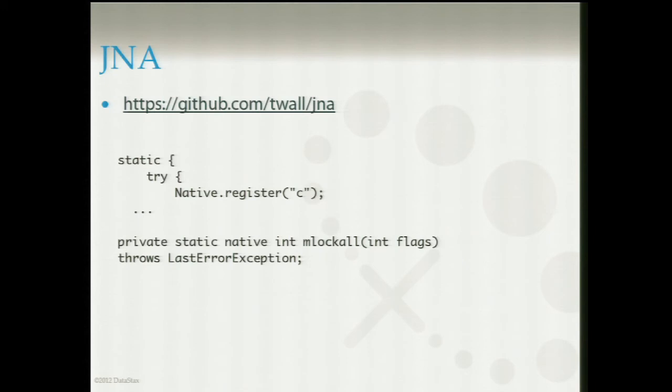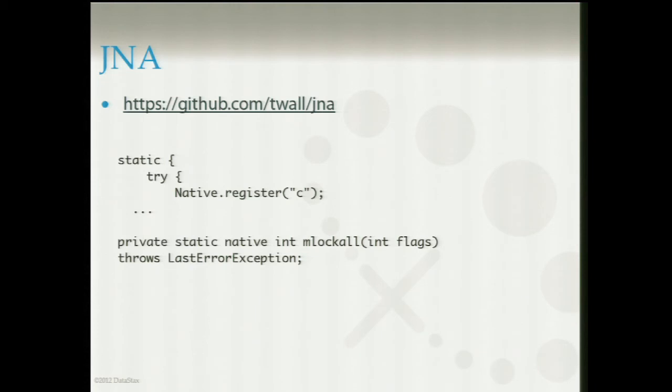So it's actually pretty cool, and it wraps the C-level errno API into this LastErrorException, which mostly works. It works in that it will tell you if an error happened, but you don't actually know what the error means unless you have access to the C headers on that particular system.